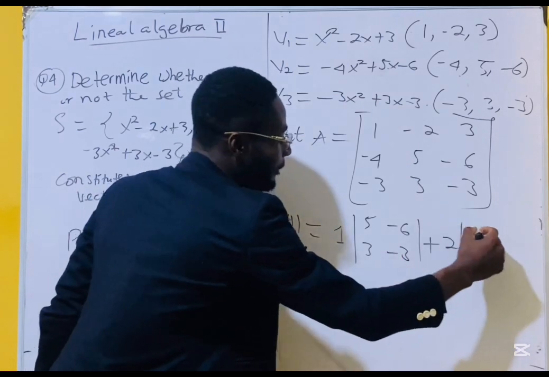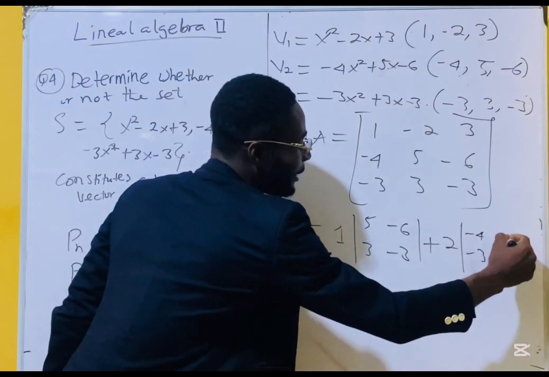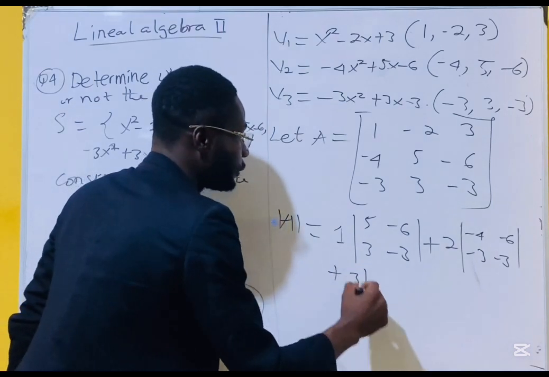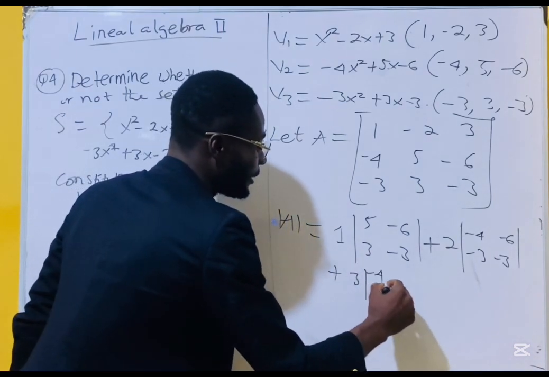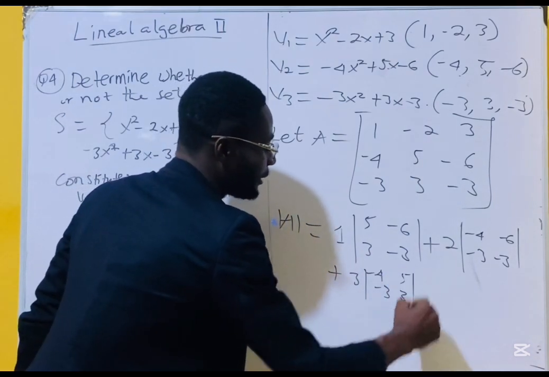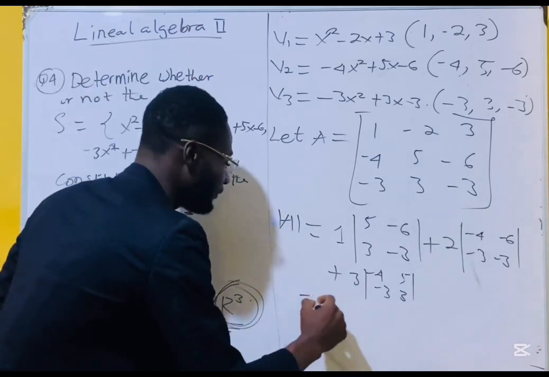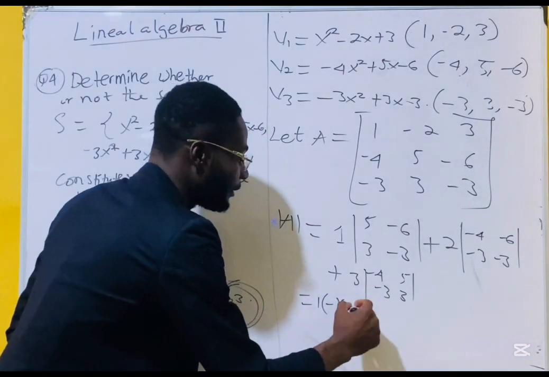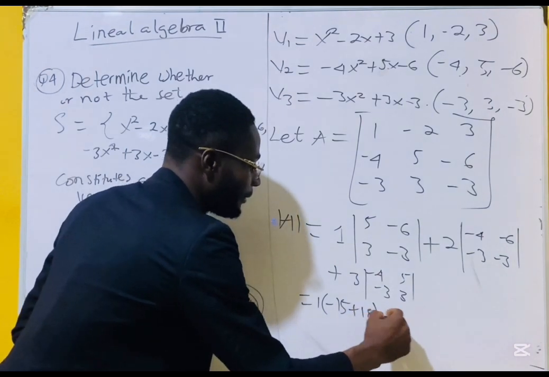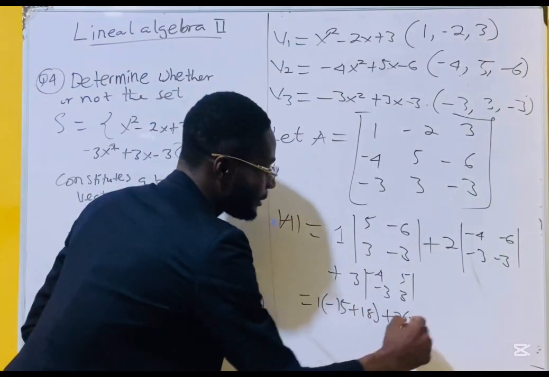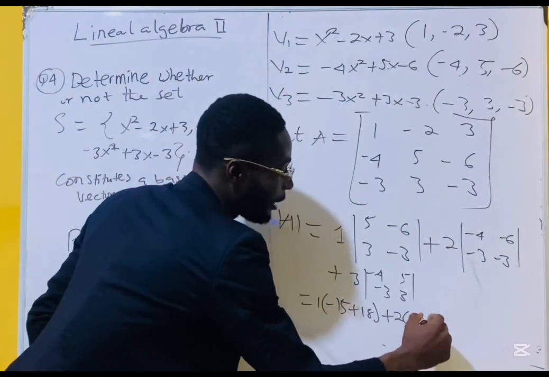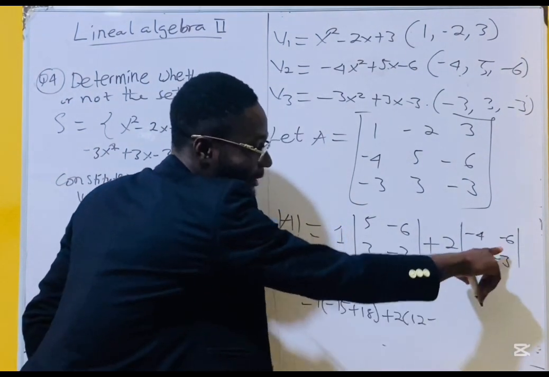Then we have minus 4, minus 3, minus 6, minus 3. Then plus 3 into minus 4, minus 3, 5, 3. Right? So we're going to have 1 into minus 15 plus 18, plus 2 into minus this, and this will be plus 12. And then we're going to have plus 18.